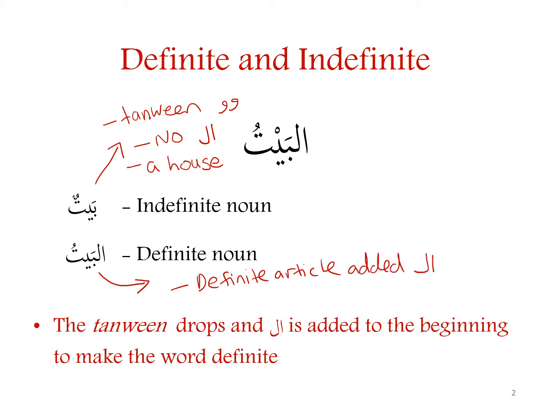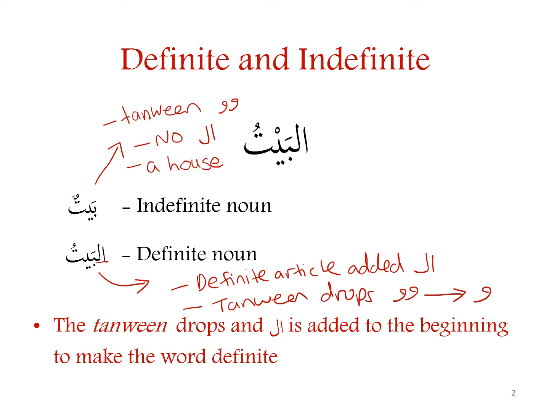So you see that there's an alif lam added here. And as soon as an alif lam is added, we need to drop the tanween at the end. So in other words, the dhammatain becomes a single dhamma.